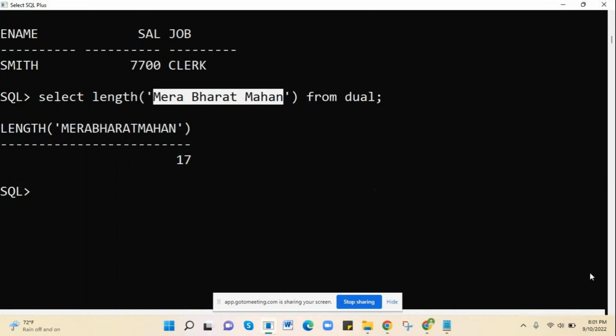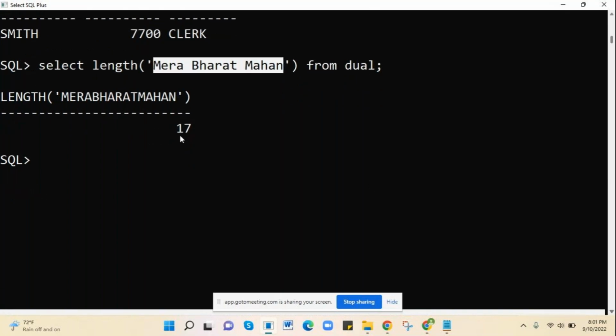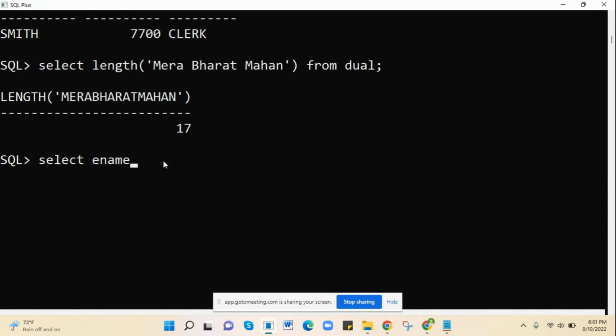ఓకేనా? లెంత్. ఇక్కడ మీకు ఇంటర్వ్యూ క్వశ్చన్ అడుగుతాడు. Retrieve those employees' information who have only 4 characters in their name. I want to retrieve employee name, his salary, his job, where he has only length, spelling correct na?